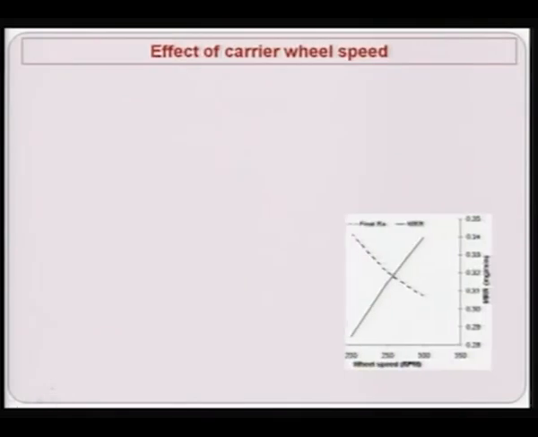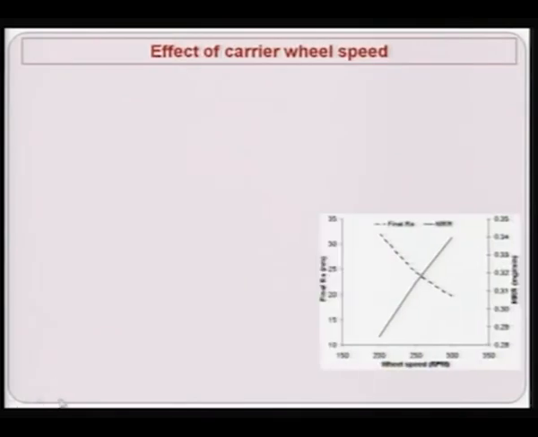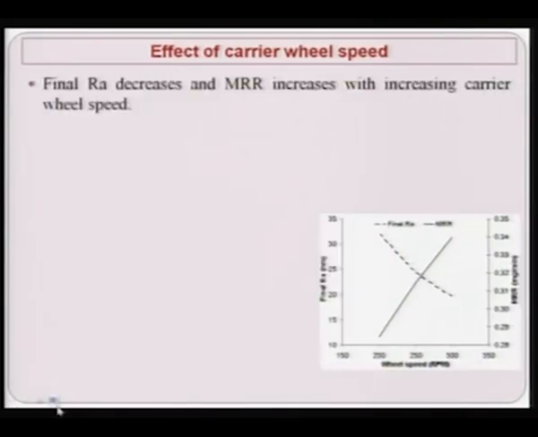Effect of the carrier wheel speed: this figure shows the effect of the wheel speed on final surface finish and MRR. Final Ra decreases and MRR increases with increasing carrier wheel speed. As you can see here, as the wheel speed is increasing, the MRR is increasing, but the final Ra value is decreasing, that is, a better surface finish is being achieved.